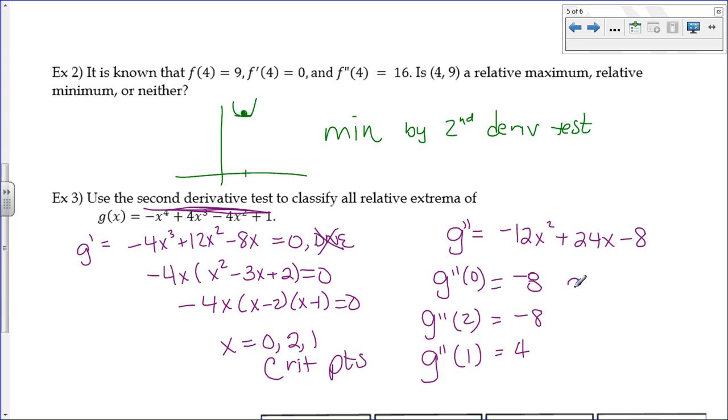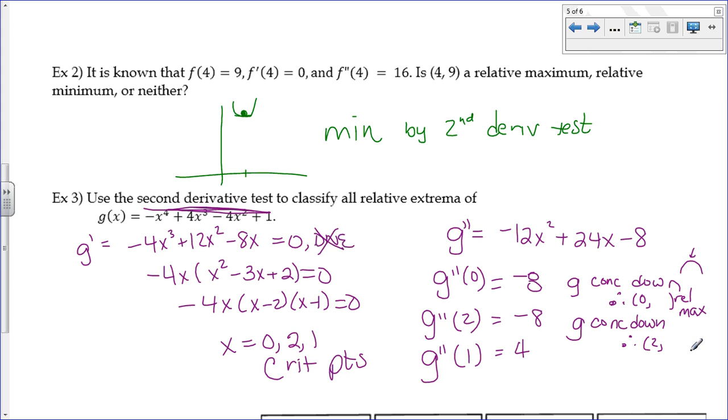This tells me that g is concave down at 0, which means that (0, something) is a relative max, because concave down looks like a frown, has a maximum on top. It also tells me that g is concave down at 2.